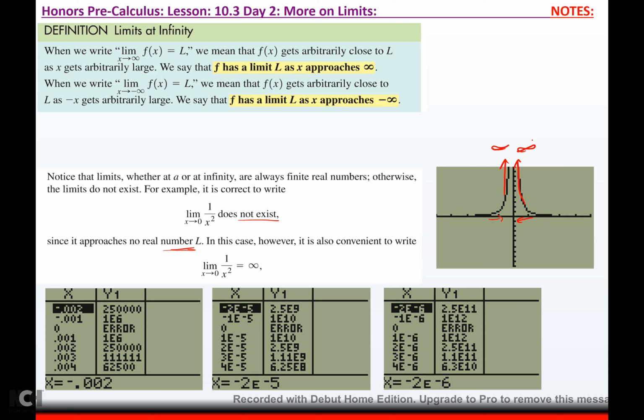It's just going to keep going up. So we can also conveniently write that the limit of 1 over x squared equals infinity. I put some table values here to show that as I pick really small values, I get really big y's. I even went smaller, and then bigger, and yeah, you get infinity.